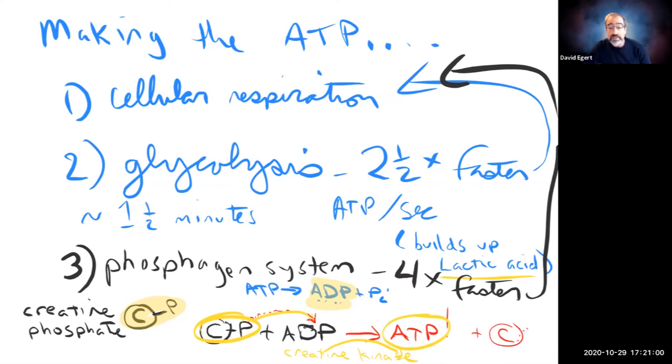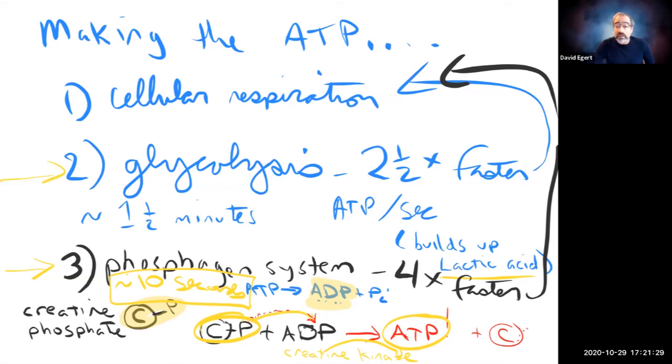This only lasts about 10 seconds or so worth of creatine phosphate ready to go. So if you are just doing a 50-yard dash and really sprinting as hard as you can, you're probably purely in this mode. If you keep going, you'll start getting into here.